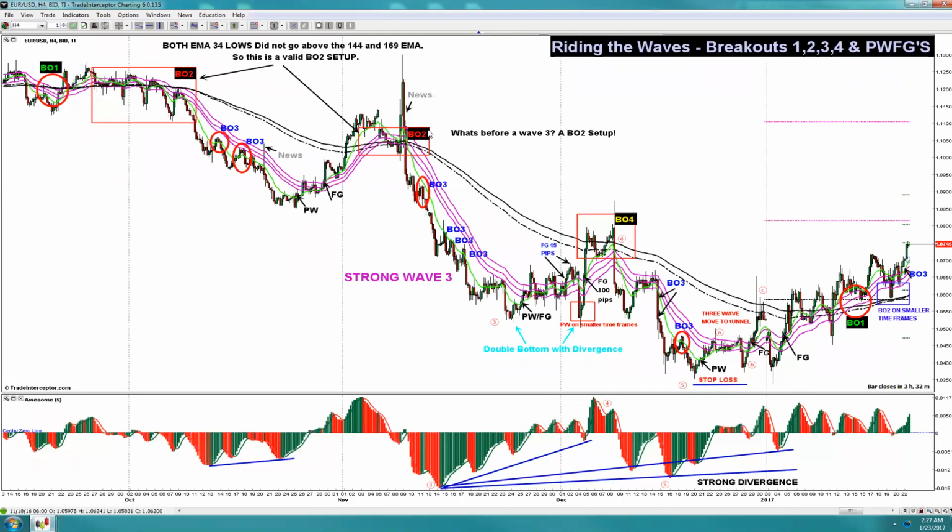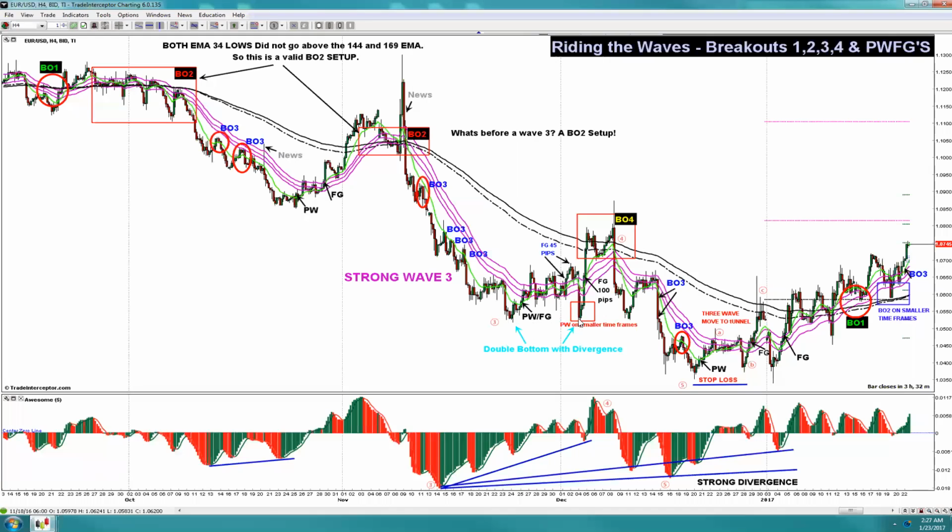So in this case, for the breakout 2, we did have a PW fill the gap. And then we start again. Breakout 3 trades, and then PW fill the gap. And this looks a little bit sloppy.